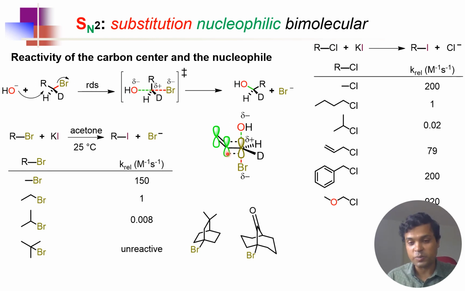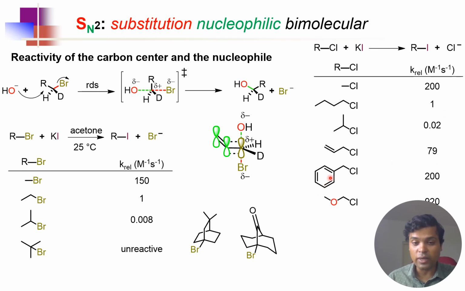So this is not possible. Still, it can donate the electron, and you can see how the orbital can participate in stabilizing the transition state, and therefore the rate was increased almost 80 times.